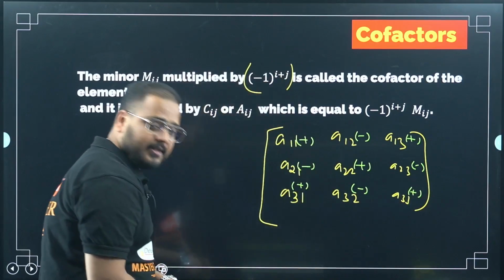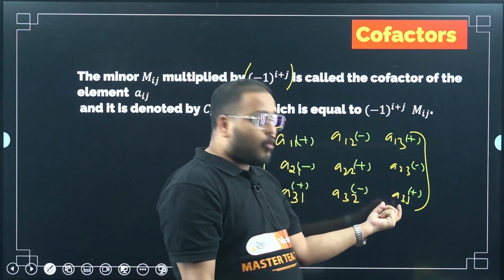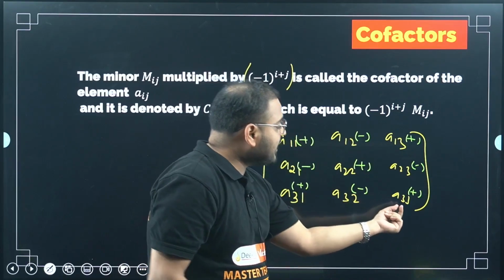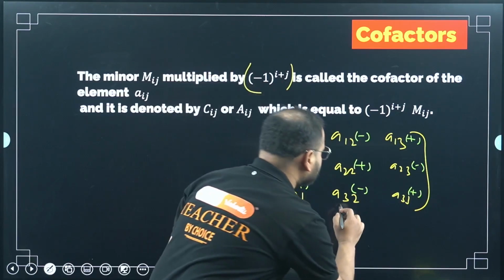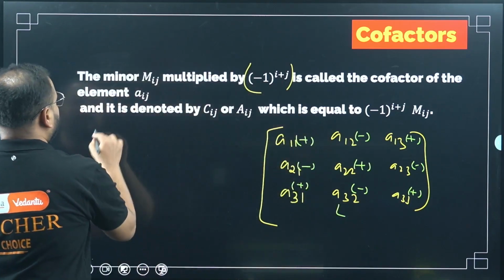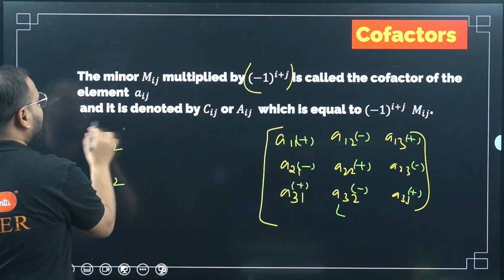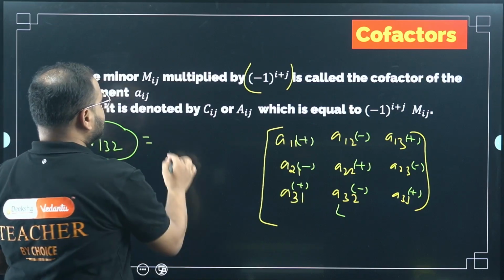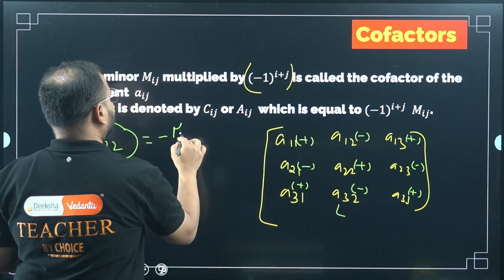So if you are writing the cofactor for A33, not minor, cofactor, then you have to take this as positive. If you're writing the cofactor for A32, how will that look? The element looks like A32, but the cofactor symbol is capital A32. Just write a minus sign because this is negative and write M32.